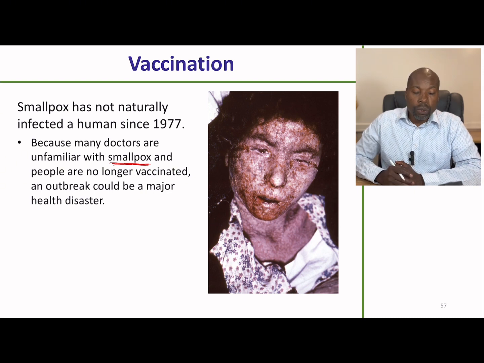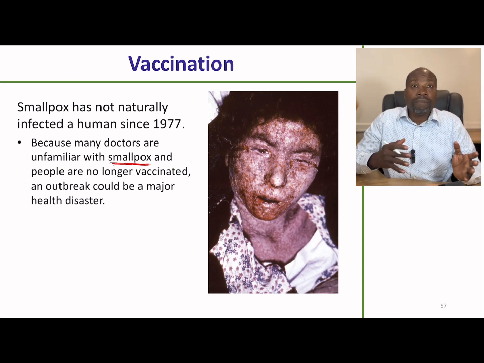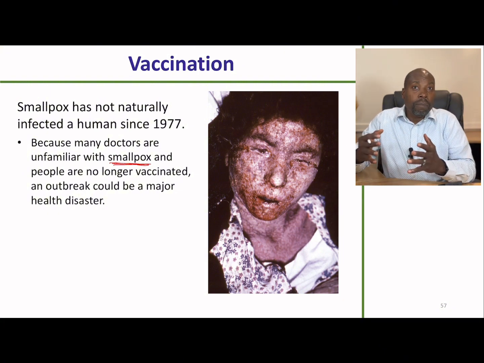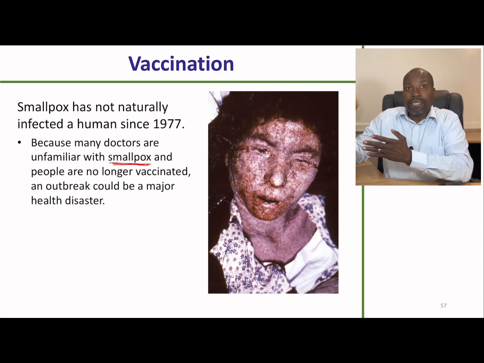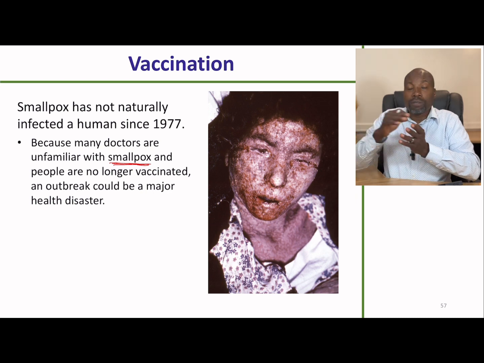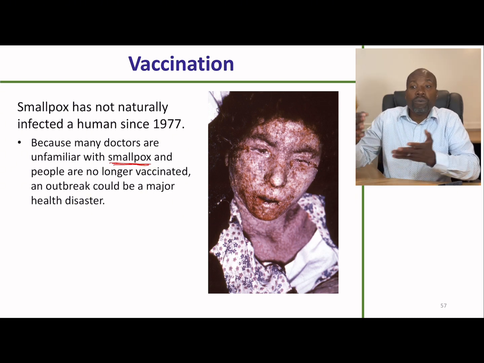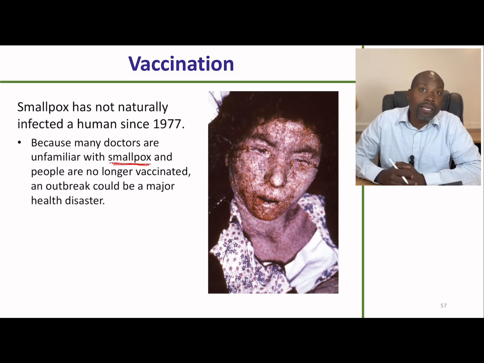All right? So, because of our success, we are now becoming victims, because we've not seen cases of measles or smallpox for a long time. Then, therefore, we say, okay, well, I guess this is not a real issue. Yes, it is. It is.